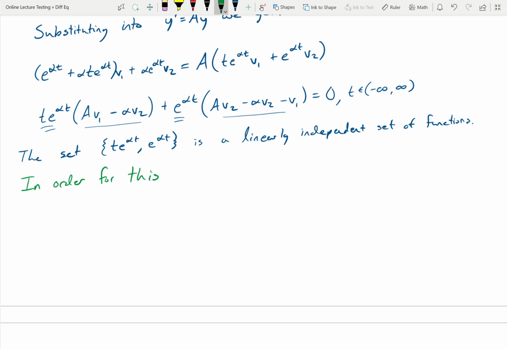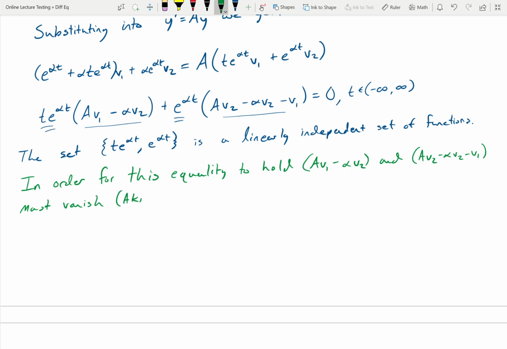So again, in order for this equality to hold, A v1 minus alpha v1 and A v2 minus alpha v2 minus v1 must vanish, equal 0 for that to happen.